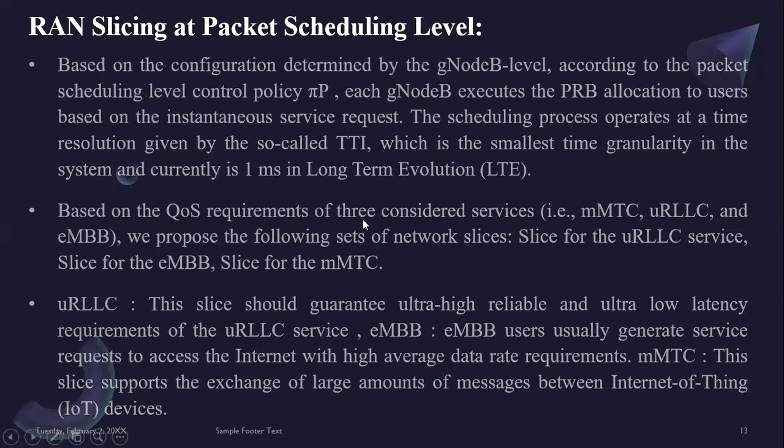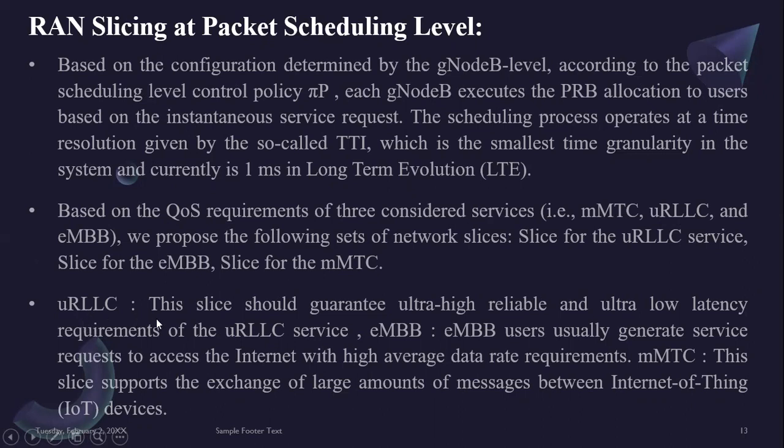Based on the QoS requirements of the three considered services, that is mMTC, URLLC, and eMBB, we propose the following sets of network slices: the slice for the URLLC service, the slice for the eMBB, and the slice for the mMTC.